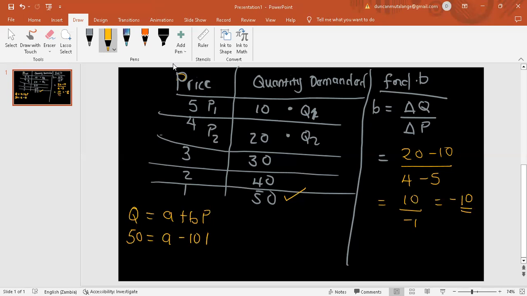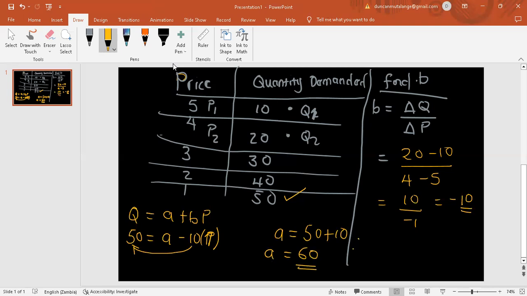The price is 1. So this will just give me 10. So my A will be equal to, I can take this to the other side, 50 plus 10. So my A will therefore be equal to what? 60. So 60 is my A.